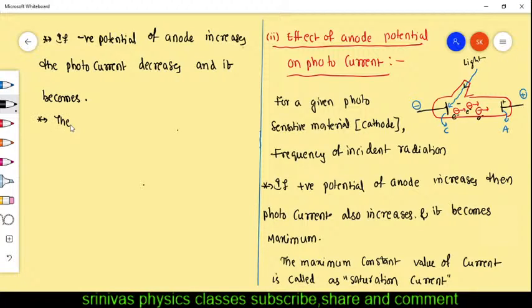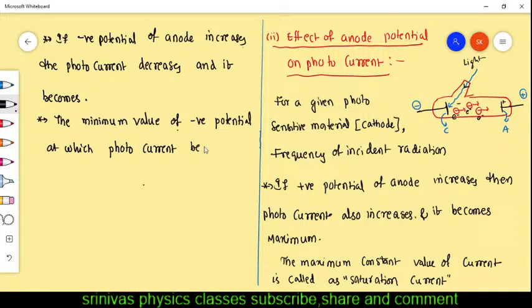The minimum value of negative potential at which photocurrent becomes zero is called the stopping potential.